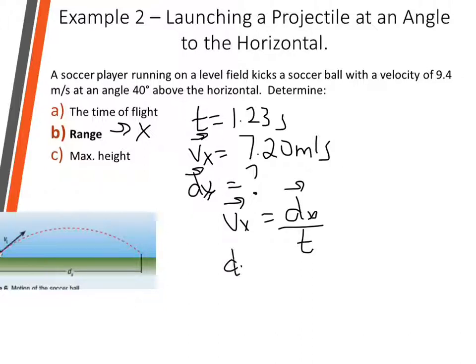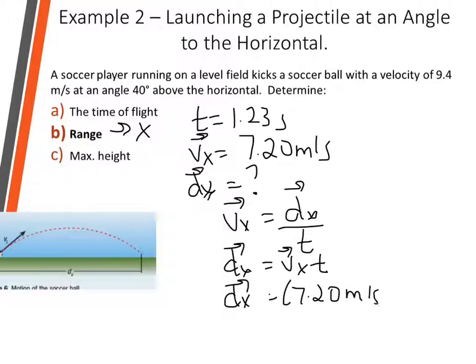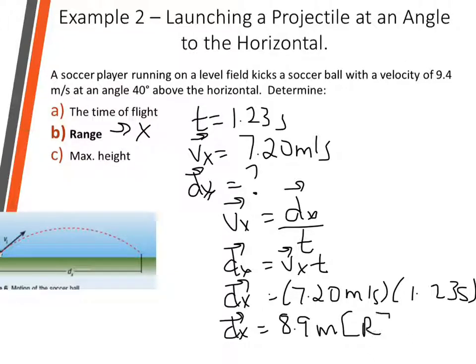And so again, dx is equal to vx times t. So we get 7.2 meters per second times, again, we're going to use the 1.23 seconds, but in our final answer, we will round so that we just have 2 significant digits. So we get 8.9 meters, again, in the right direction or the easterly direction, whichever you would like.